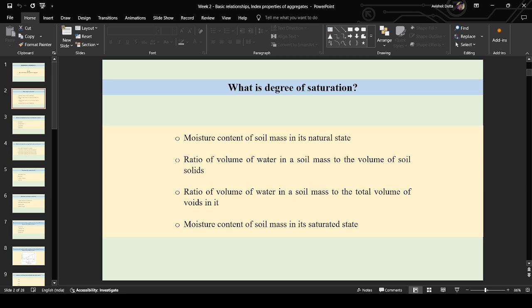Option 2, ratio of volume of water in a soil mass to the volume of soil solids. Option 3, ratio of volume of water in a soil mass to the total volume of voids in it. And option 4, moisture content of soil mass in its saturated state.